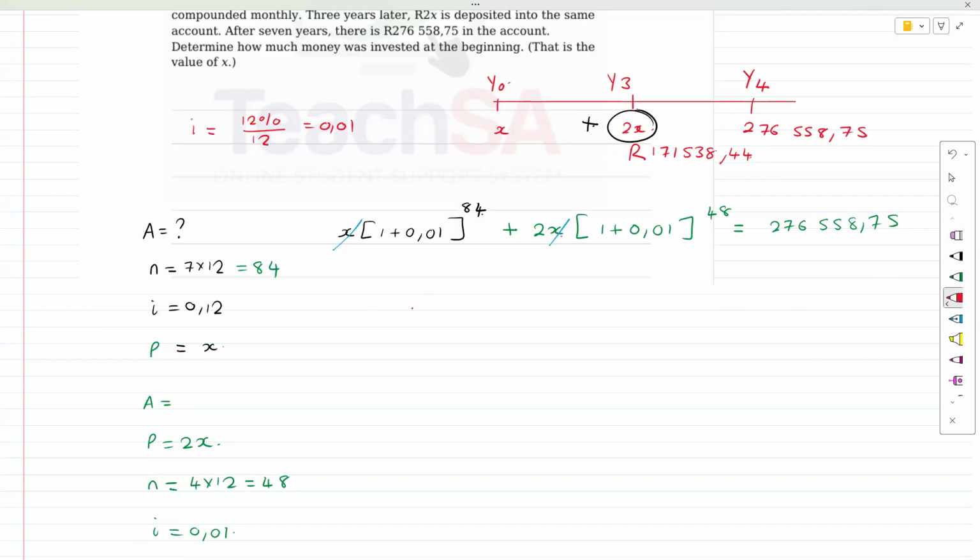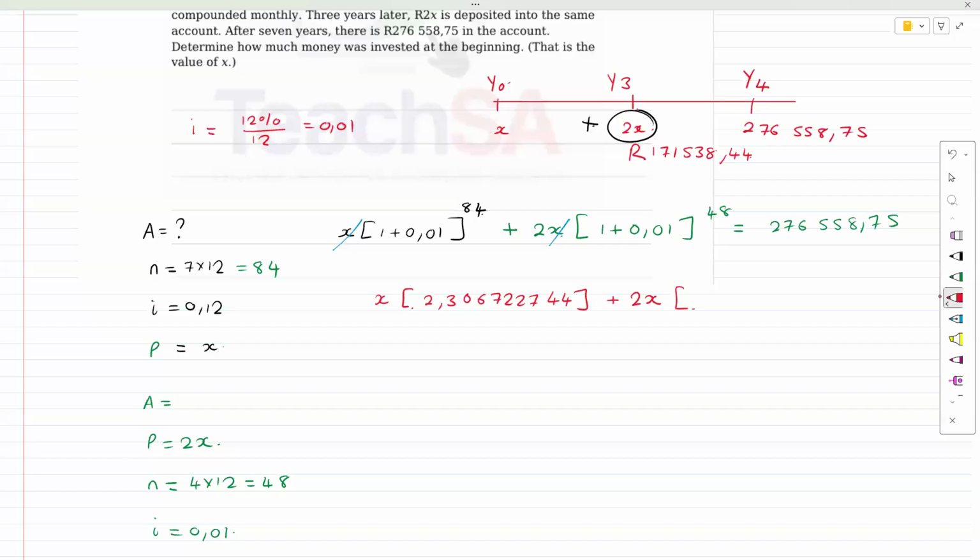1 plus 0.01 to the power of 84. I'm not deleting anything from the calculator, but I do want to show you that this is 2.306722744 plus 2x to the power, 1 plus 0.01 to the power of 48.